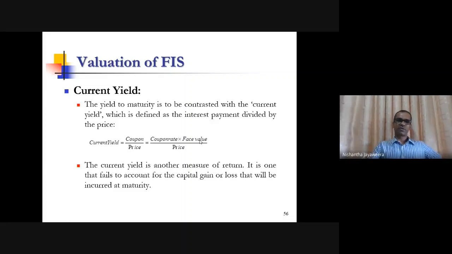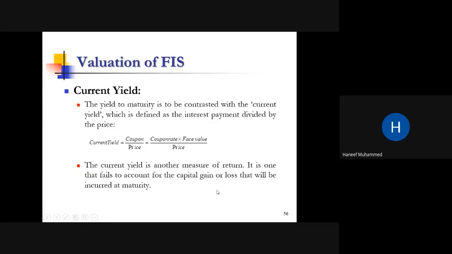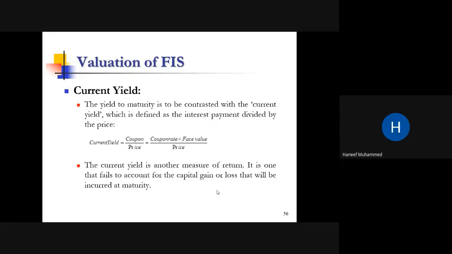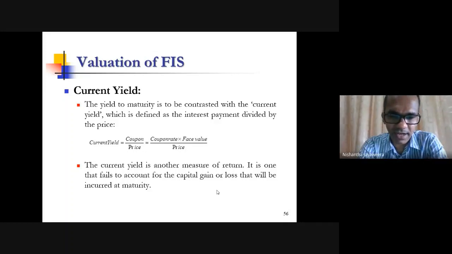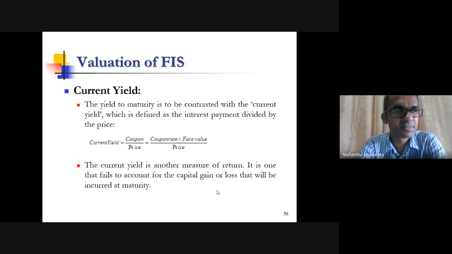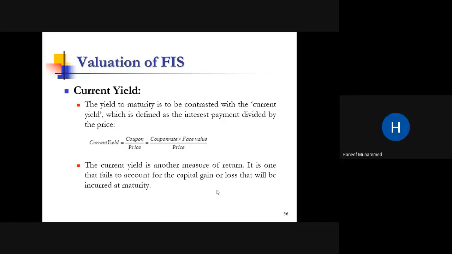Can someone tell me how you can get a capital gain or loss in the future? Sell it for a lower rate than you bought. Yield. Sorry? Sell it for a lower rate than you bought. Okay, if you sell it at a lower rate than you bought it, what do you mean by rate? First, yield. If I bought it at 5.25, let's say I sell it at 5.5.